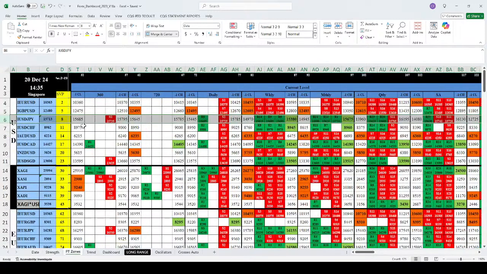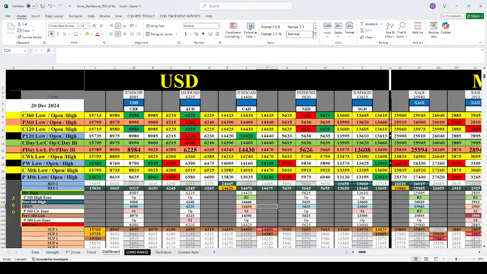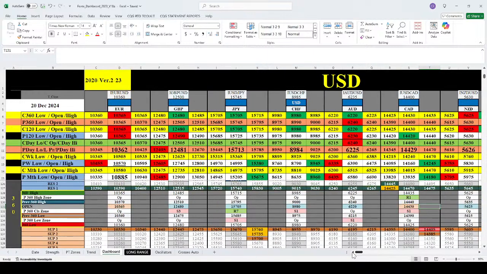So let's move on to check on the PT zones. PT zones are saying all are pointing down, so sell and hold. Since we are going for a sell and hold, we have to concentrate on the high. The previous day high was 10425, so today's high should be below 10425.